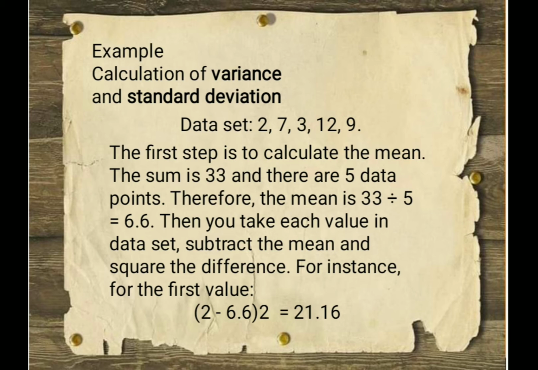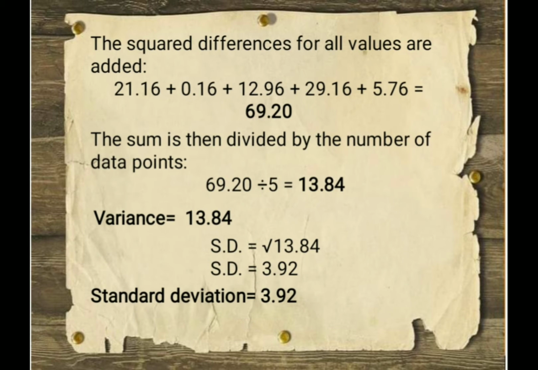Then you take each value in the data set, subtract the mean and square the difference. For instance, for the first value, 2 minus 6.6 squared is equal to 21.16.